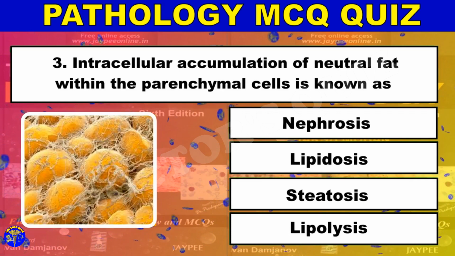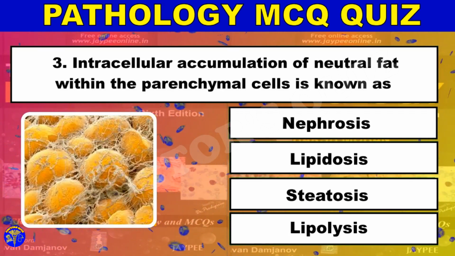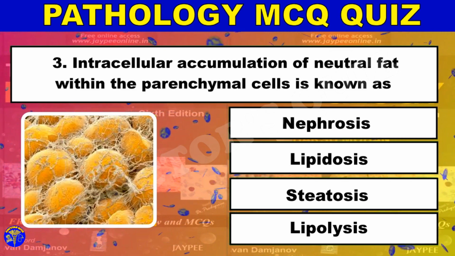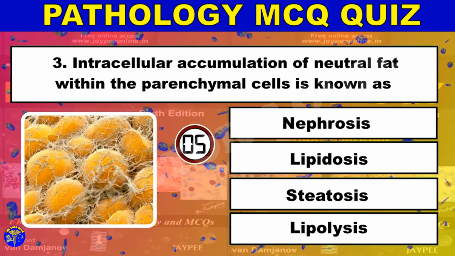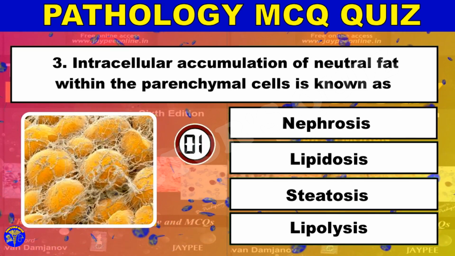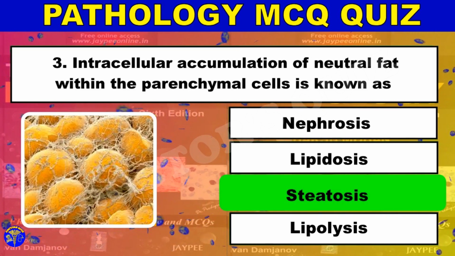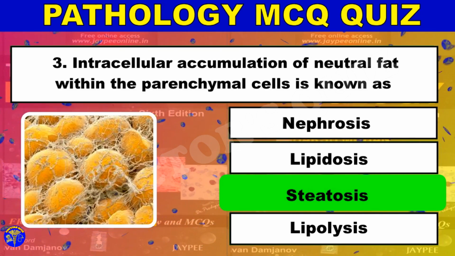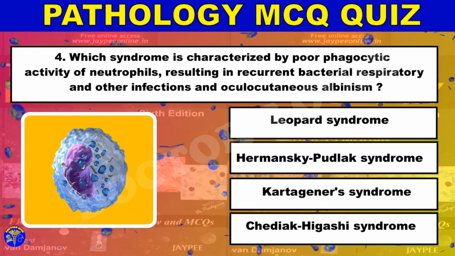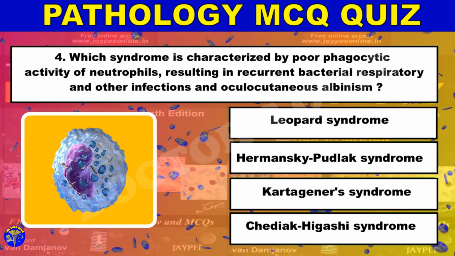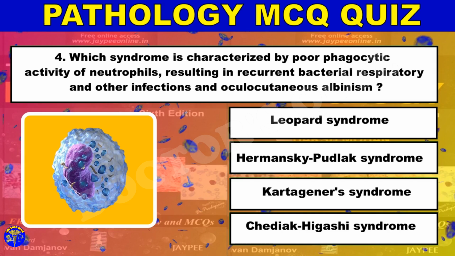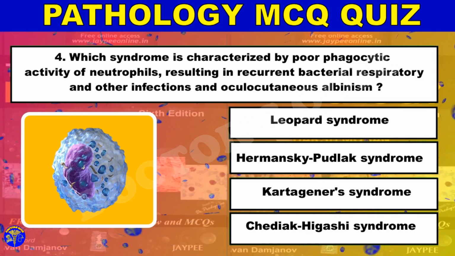Intracellular accumulation of neutral fat within the parenchymal cells is known as? The options are nephrosis, lipidosis, steatosis and lipolysis. And the correct answer is steatosis. Which syndrome is characterized by poor phagocytic activity of neutrophils resulting in recurrent bacterial respiratory and other infections and oculocutaneous albinism?